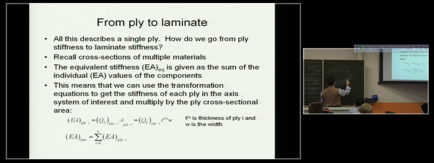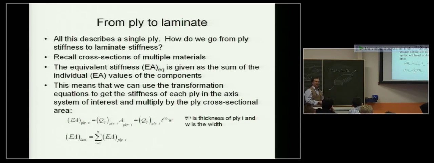Obviously I have fewer plies here than there, but pay no attention to the man behind the curtain. The whole idea is I apply a tensile load and I need to determine the stiffness of this as a function of the stiffnesses of the individual layers.